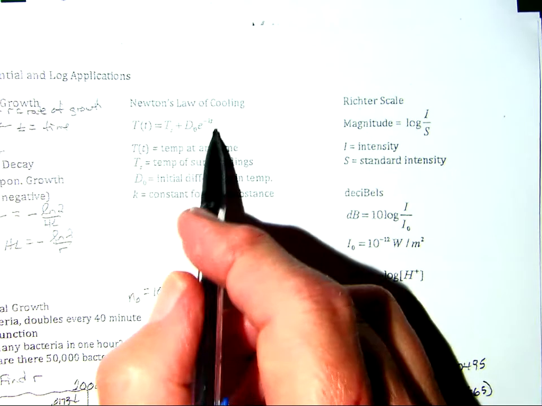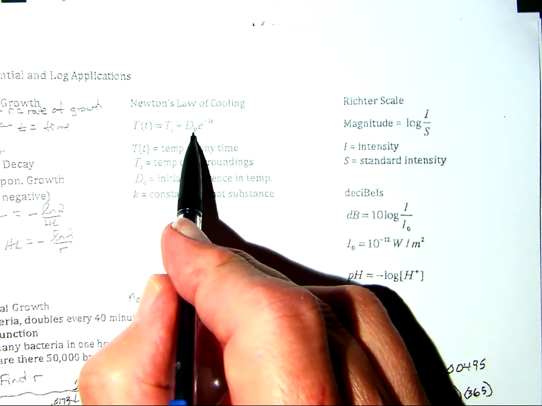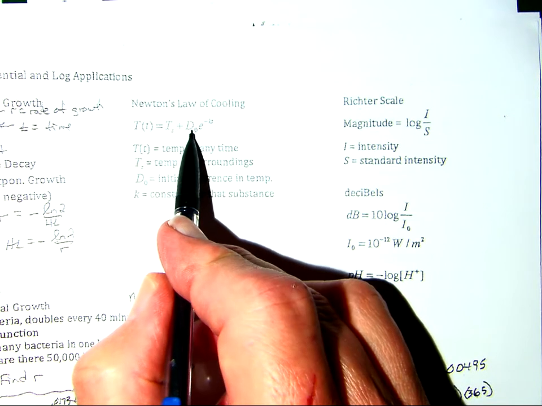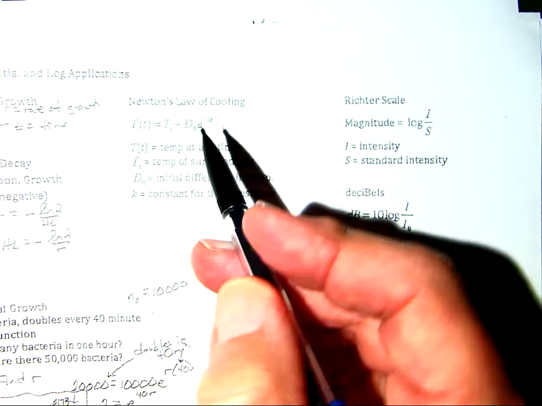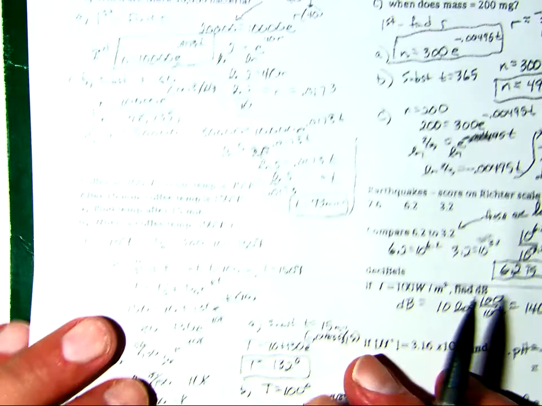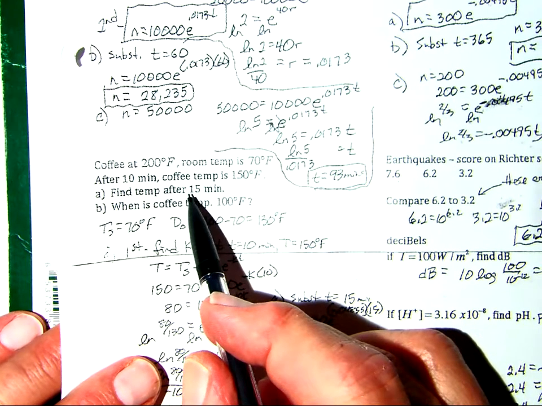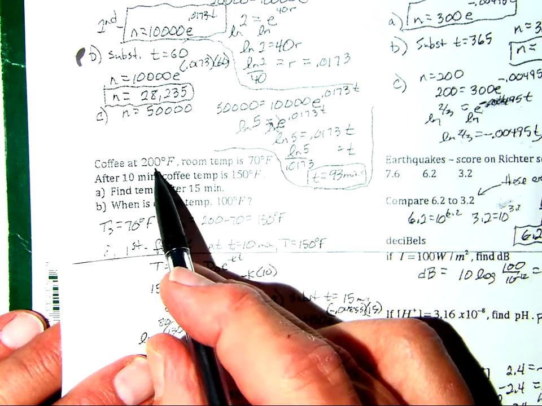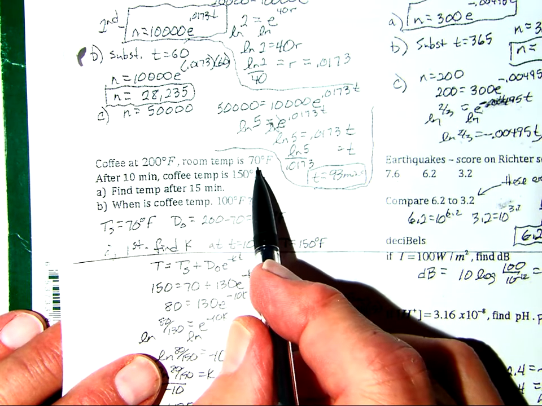So there's our formula. Probably the thing that gives most people trouble is the difference. All you do is take the temperature of the surroundings, then subtract the initial temperature of whatever your substance is. So in this problem, we have some coffee that's at 200 degrees Fahrenheit. That's our initial temperature. Our room temperature is 70, that's the temperature of the surroundings.